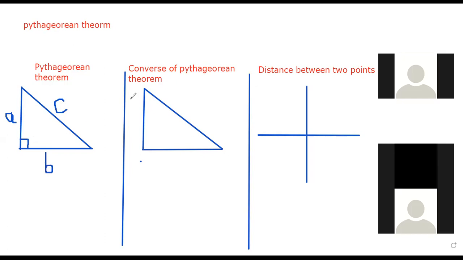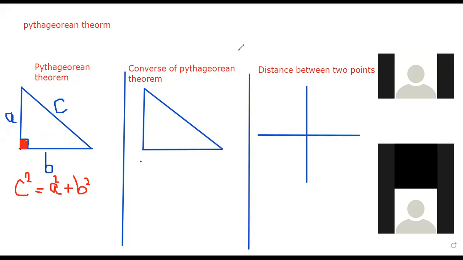Once we have this angle as a right angle, we have a right angle triangle, then we deal with the rule c square equals a square plus b square, which means the area of the square on the hypotenuse equals the sum of the areas of the two squares on the other two legs.